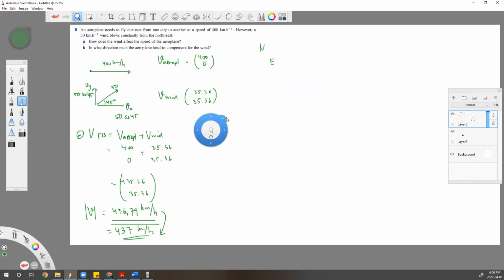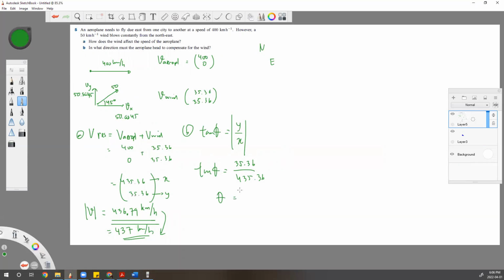Now, what else? The direction, right? So the direction: tan theta equals y over x. There you go. So tan theta equals 35.36 over 435.36, right? Y is this, x is this. So theta will equal, that's small.